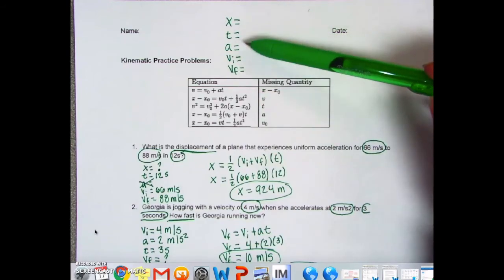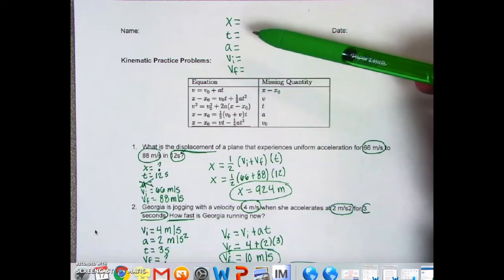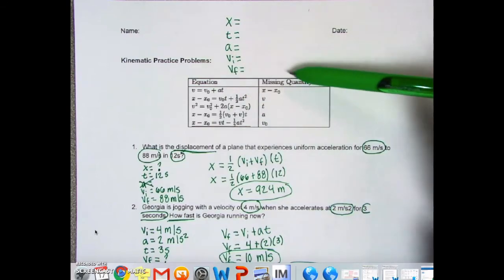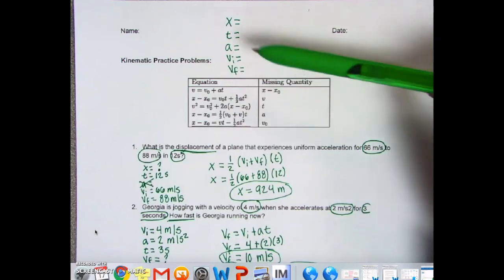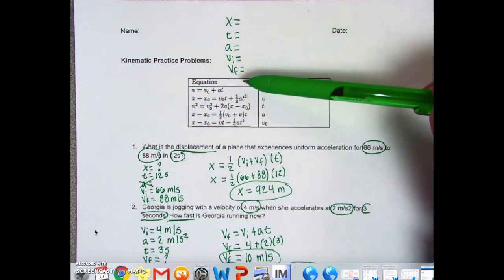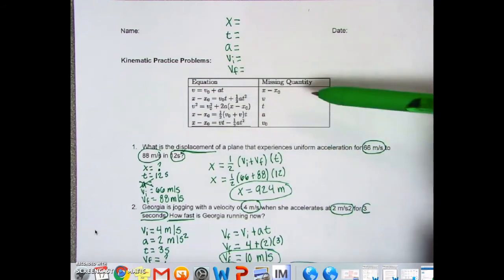Start by filling in your list based off your problem. Identify the one that you do not have, because the problem didn't give it to you, and the one that you're not looking for. The one we don't care about, we find our equation that doesn't involve that quantity. So write out all the possibilities, determine which one we don't have and which one we don't care about, and pick the equation from there.